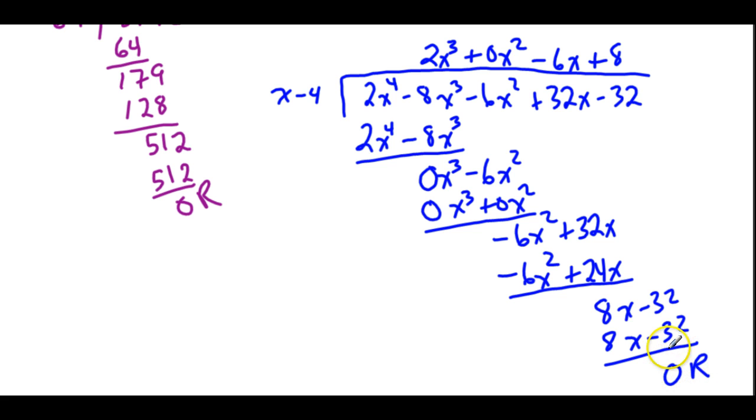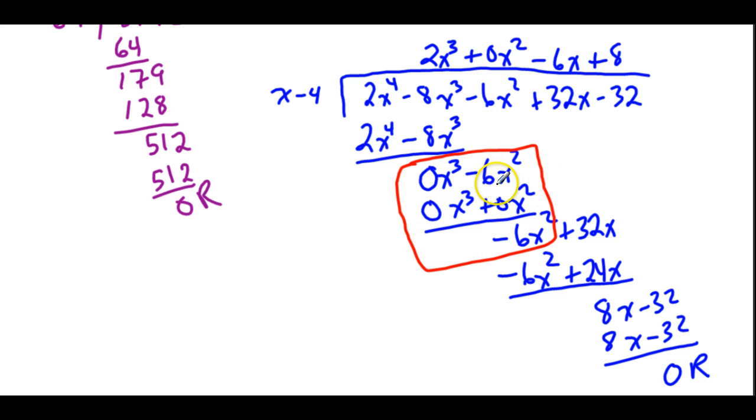So what this is telling me is the original expression divided by x minus 4 divided perfectly evenly because there's no remainder. Now just a quick point in here, you probably noticed that by including the 0, worrying about the 0x cubed, I really didn't do much.